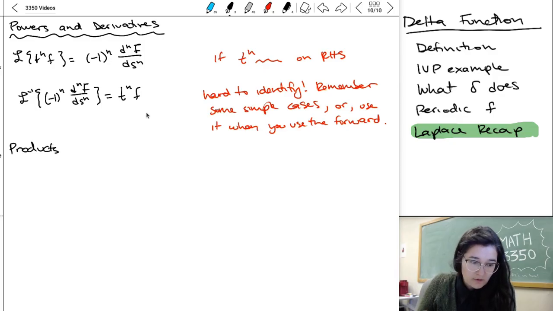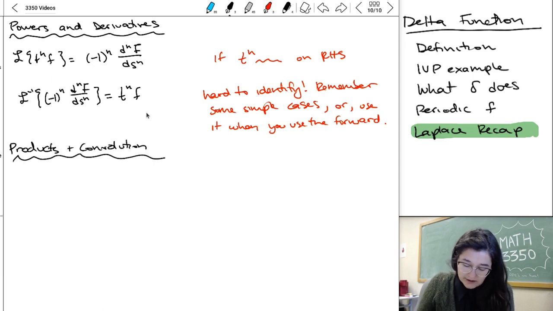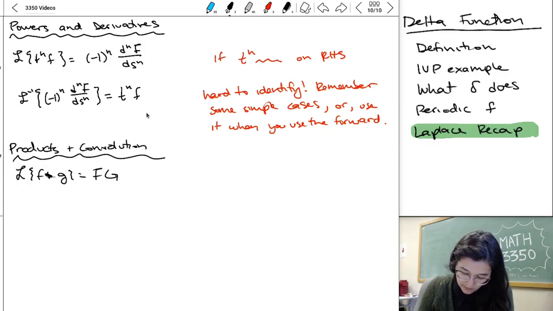And then we went over products and convolution. So we had that L of f star g is equal to f g, or that L inverse of f g is equal to f star g.